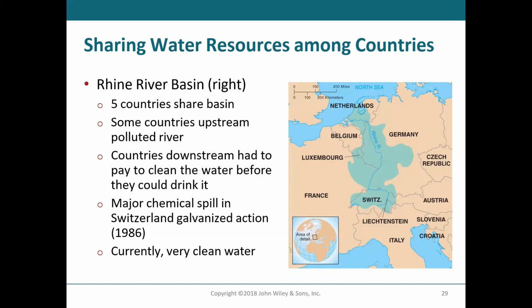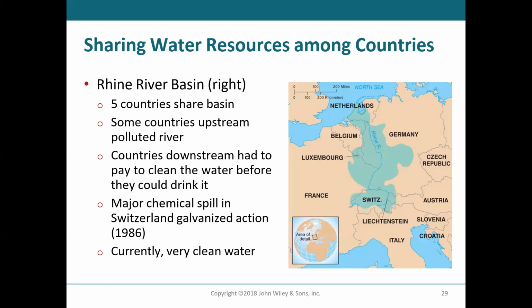That became a huge problem, and in 1950, the 5 countries formed the International Commission for Protection of the Rhine, right? River quality did begin to improve in the mid-1970s. However, in 1986, a severe chemical spill in Switzerland dumped 30 tons of dyes, herbicides, fungicides, insecticides, and mercury into the river.